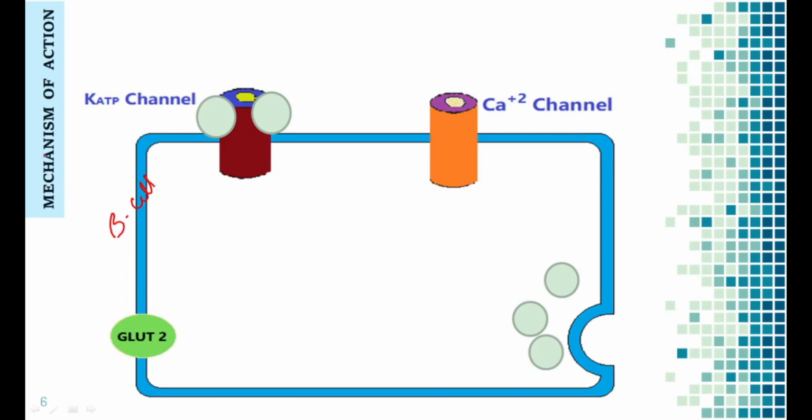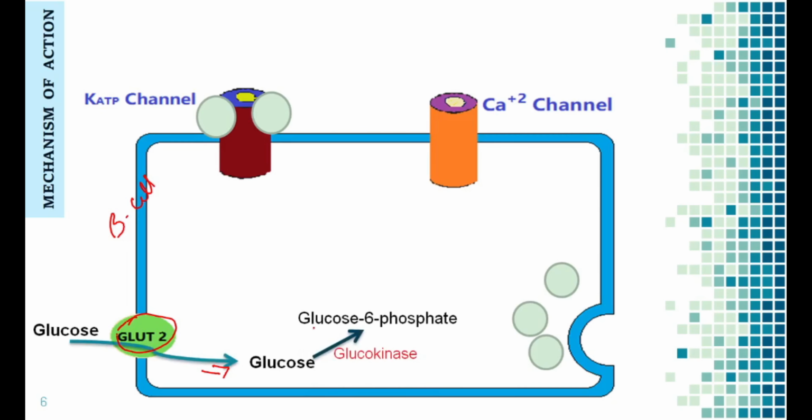Now we'll see the mechanism of action of sulfonylurea. First of all, glucose enters the pancreatic beta cell through GLUT2. Inside the beta cell, in the presence of glucokinase, like hexokinase, it is converted into glucose 6-phosphate.